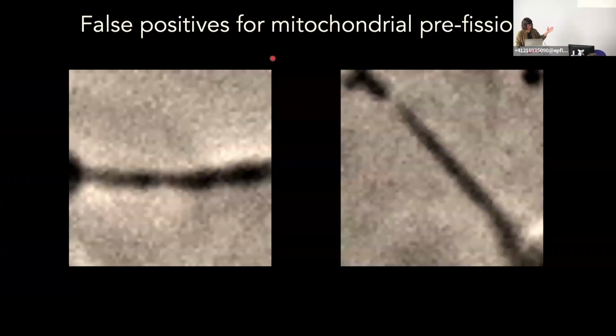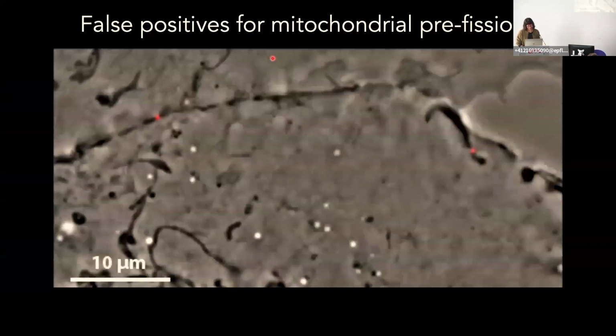And so, just zooming into two of these structures, which is what the neural network would be seeing, you can see that it might be challenging to distinguish between structures that are associated with mitochondrial predivisions and other features in the cell. In fact, one of these is a mitochondrion and the other one is not. There are false positives that are detected, in particular these edge of the cell ruffles that the neural network that we had initially trained really likes to see.